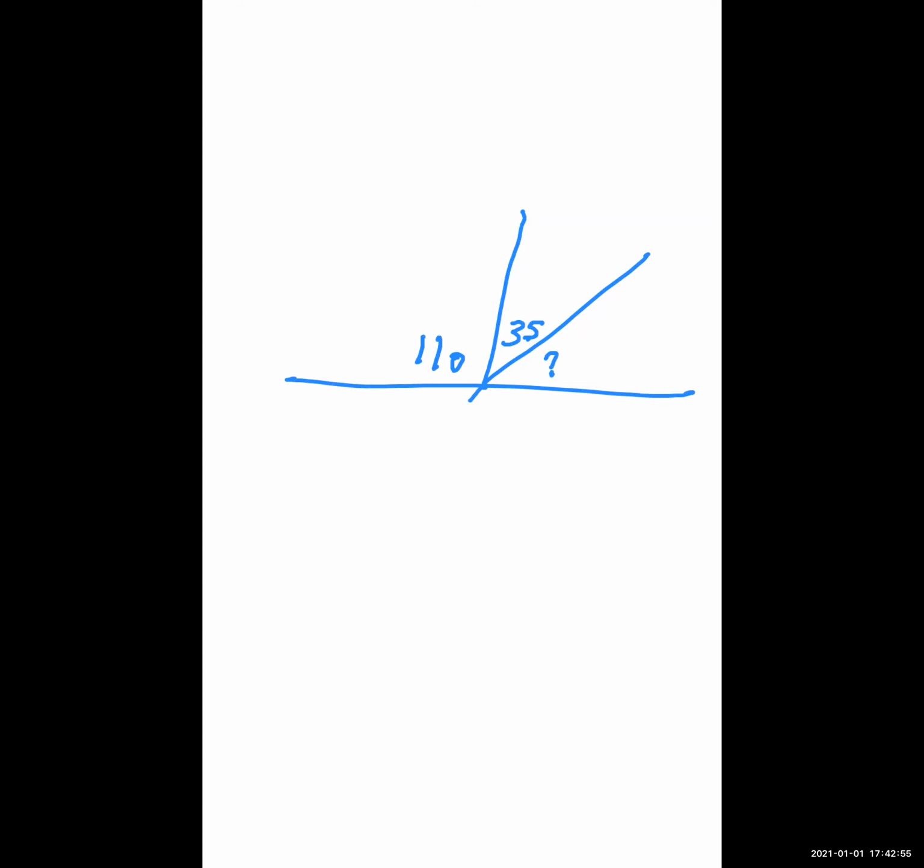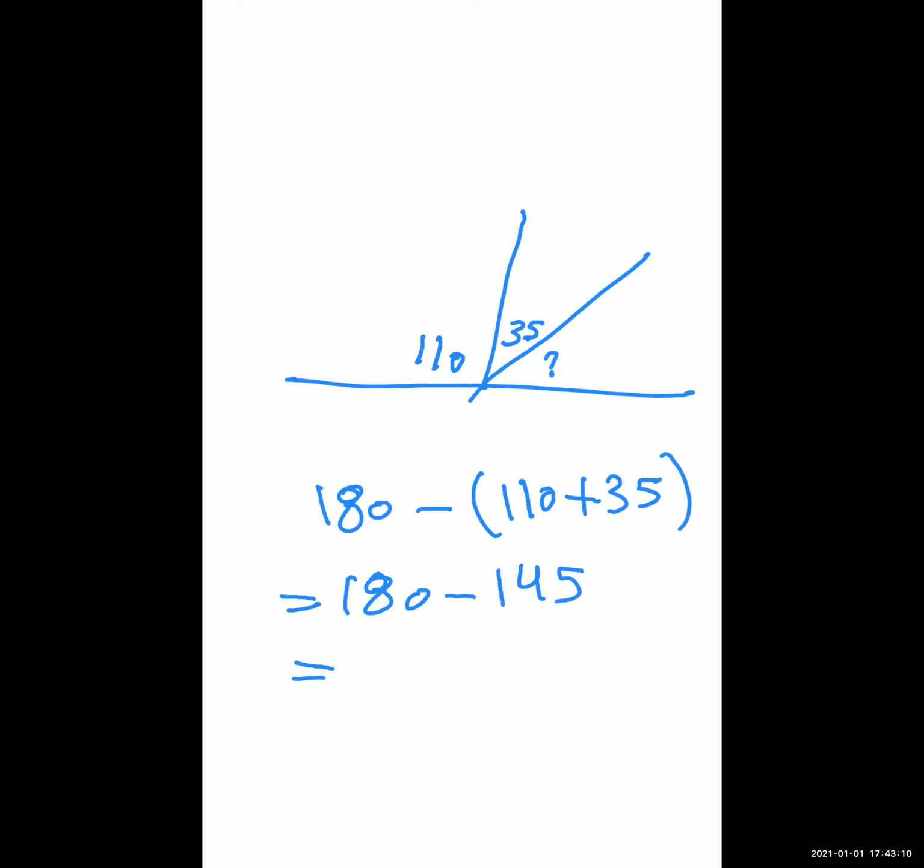Nothing will change. 180 minus the summation of the two other angles, which is 110 plus 35. So simply it will equal 180 minus 145. So it will equal 35 degrees. So this one also 35 degrees. That's it. Okay, guys? Okay, great.